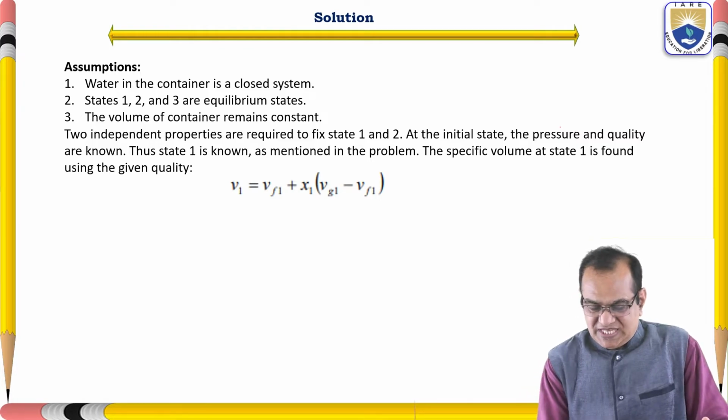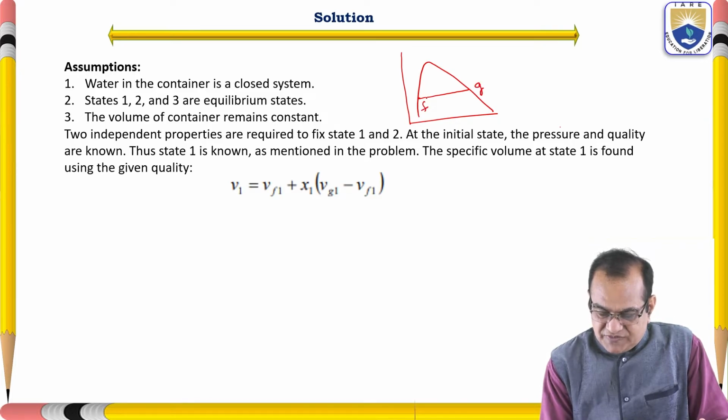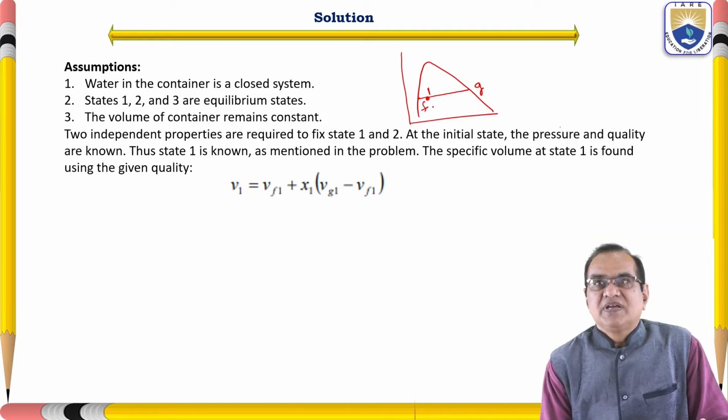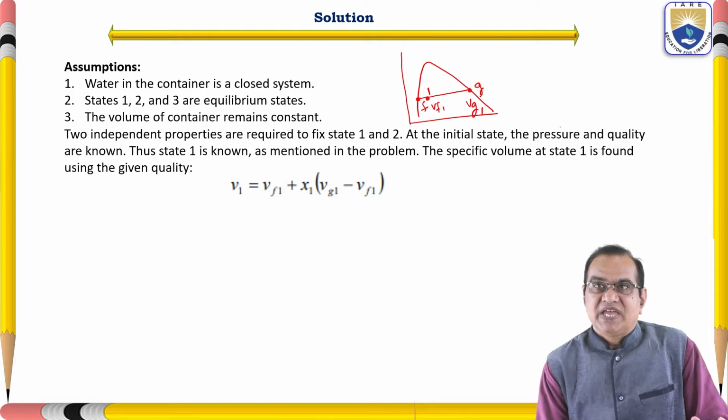So if you see here, this is the f and this is the g. If this is point 1, here this is the Vf1 and here is the Vg1. This can be found out from the steam table. Every steam table will give this.